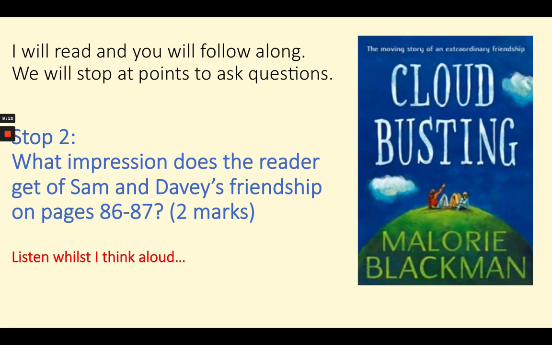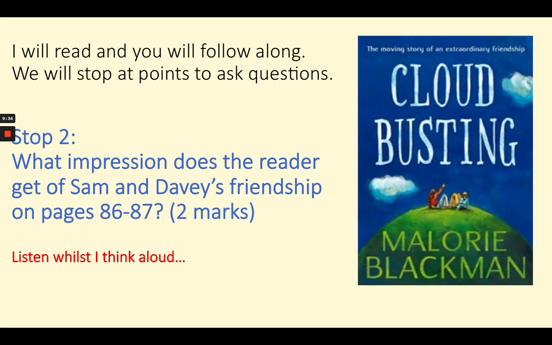Year 6, I'd like to stop there. I'm curious, on page 86 and 87, what impression do we, the readers, get of Sam and Davy's friendship? Remember, in the chapter previous, Sam was really unkind to Davy, and Davy heard him.